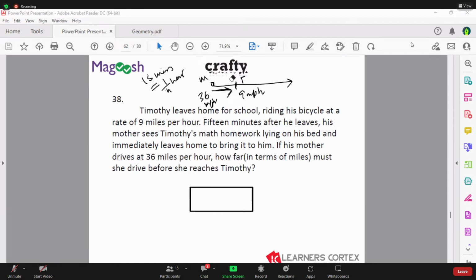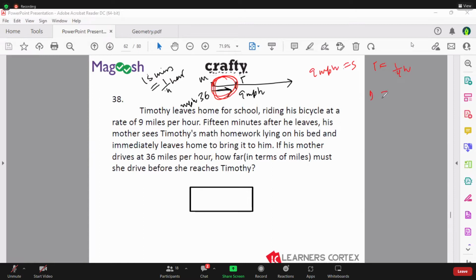So before taking out how much distance the mother would travel, we first have to take out how much distance she has to cover to reach Timothy. So first of all, Timothy's speed was this, and the time he took to cover this distance was 1/4 of an hour.